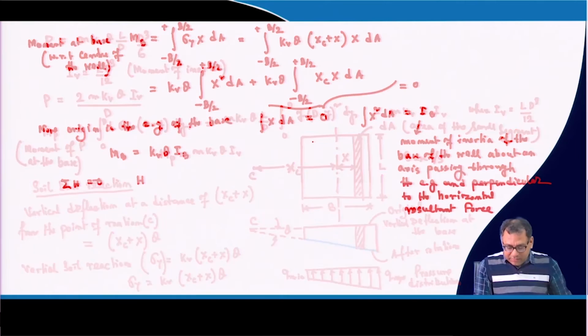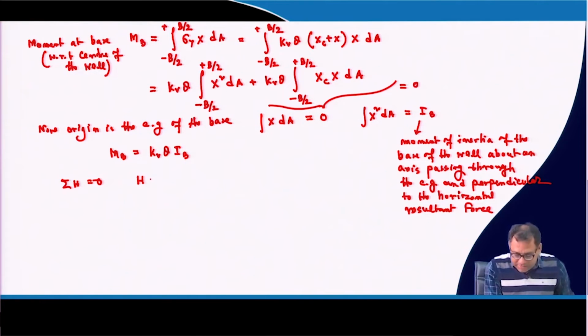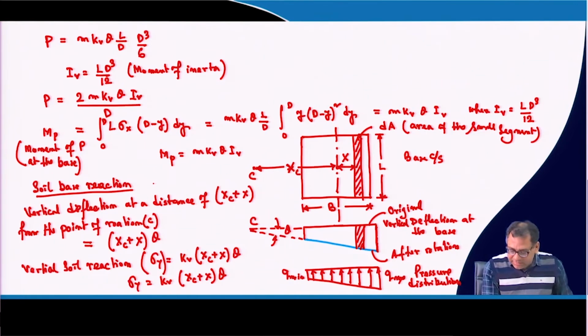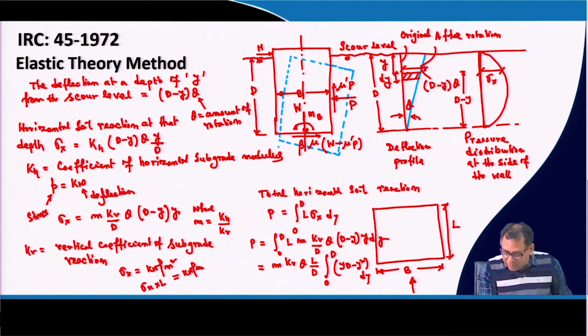Now if I write here, this will be H. H is acting this way, and the base friction is also acting in the H direction, and P is in the opposite direction.